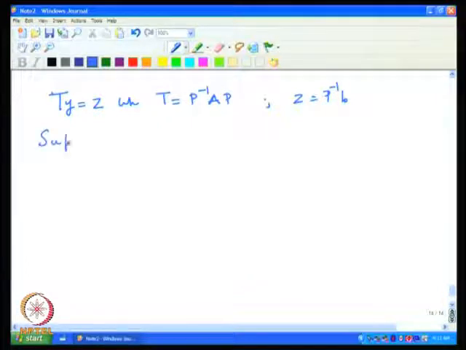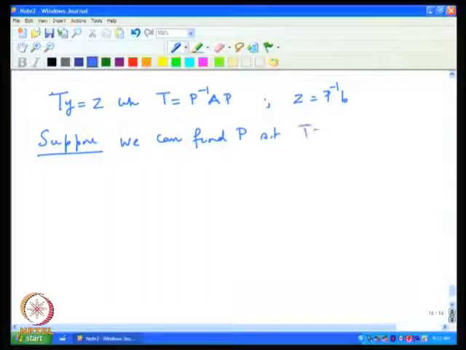Suppose we can find P such that T equal to P inverse A P is a diagonal matrix.